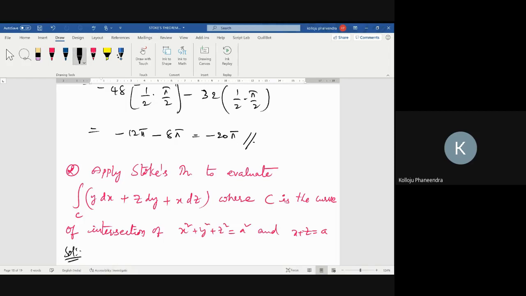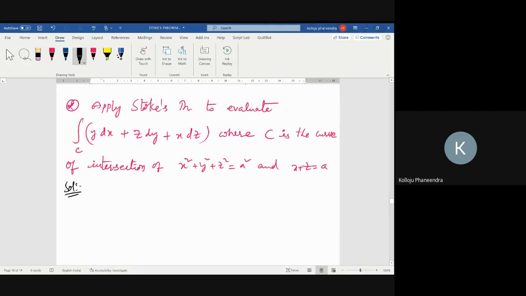Solution. Now, apply Stokes theorem to evaluate this. This is clearly over C, meaning a line integral. Here, first let me extract f bar from y dx plus z dy plus x dz.